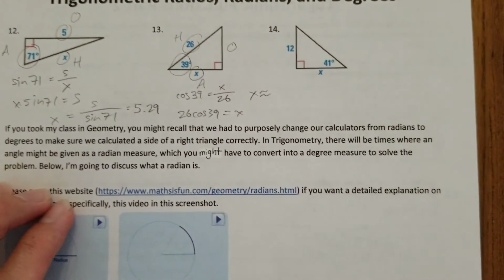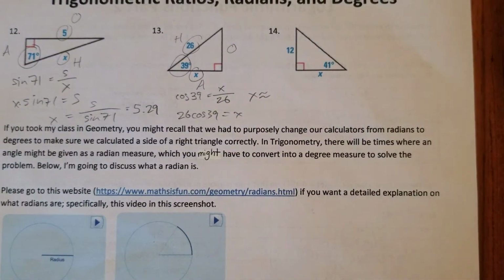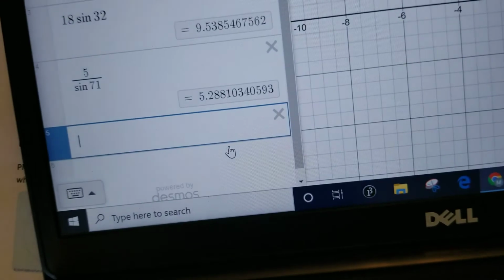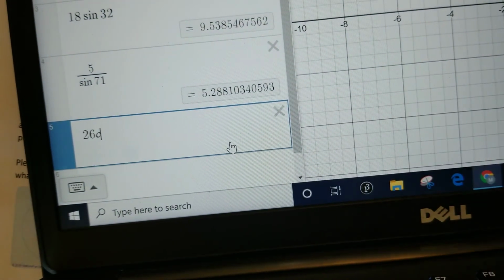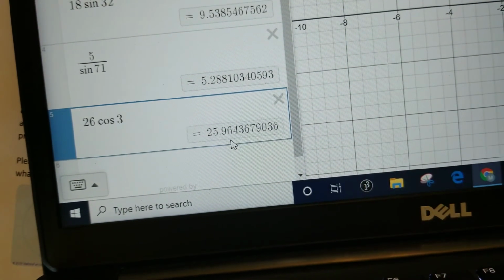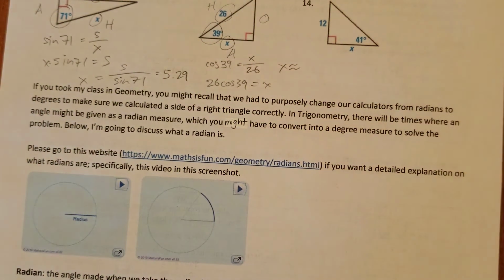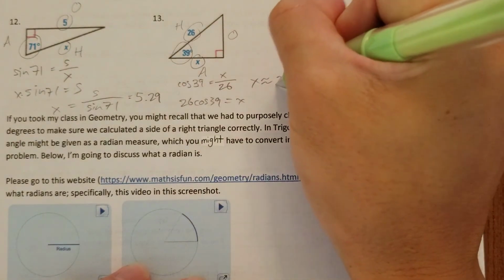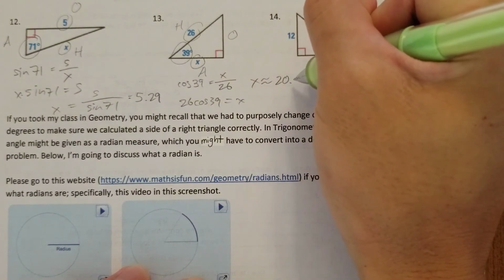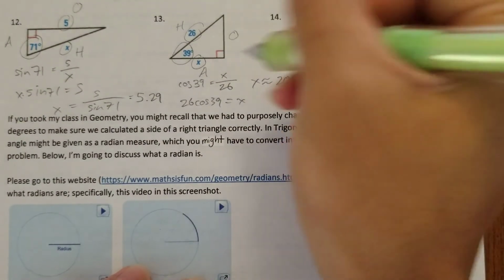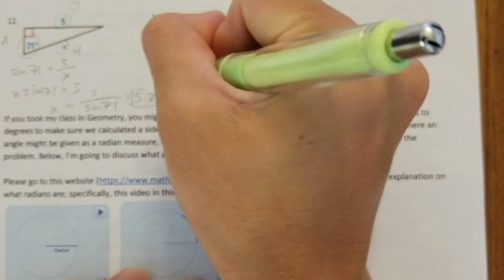If I type that in for you, 26 times cosine of 39 is going to be about 20.21.